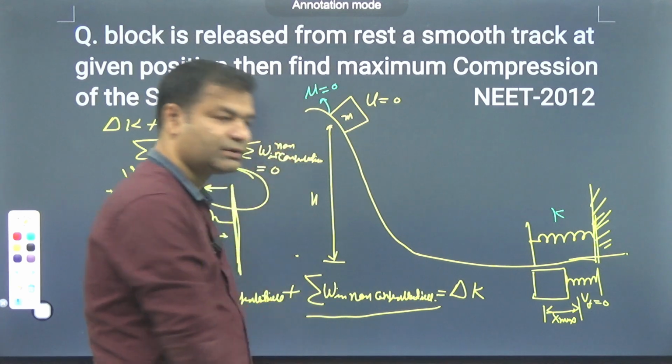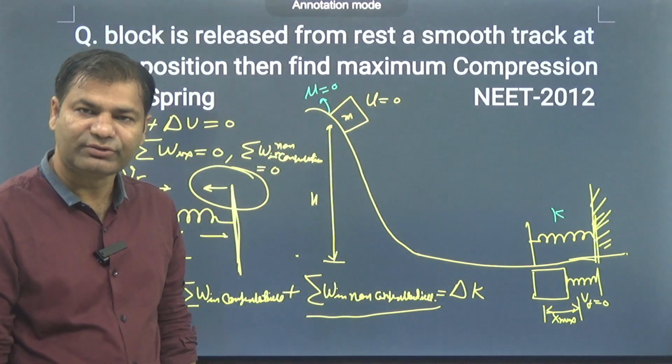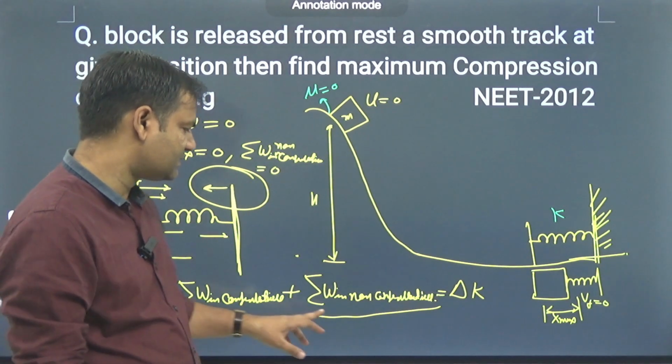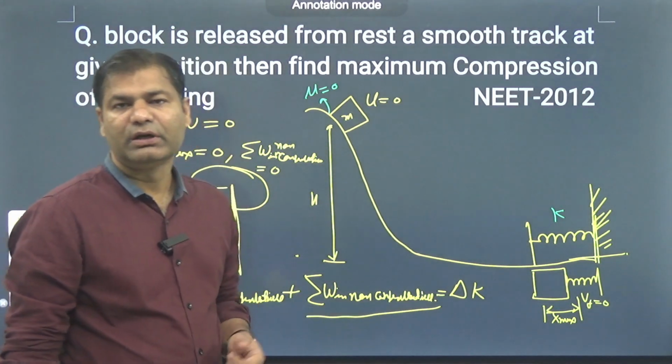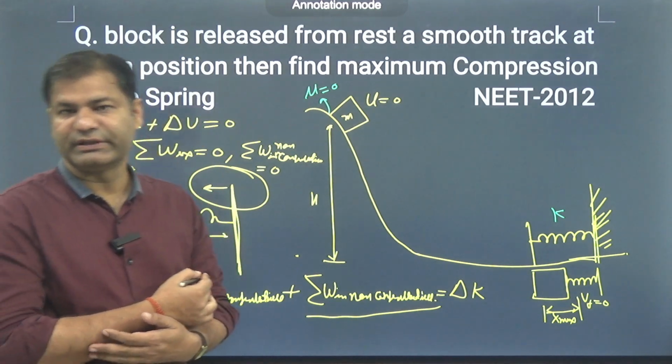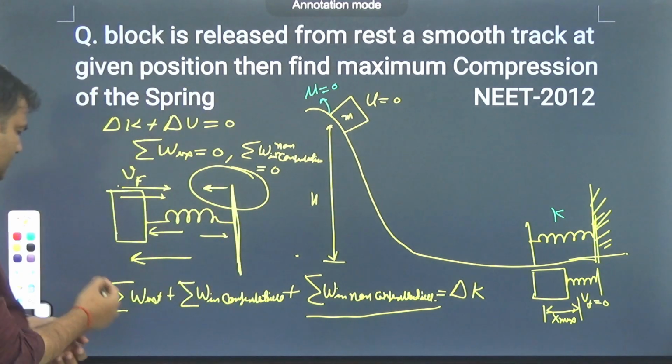Work done due to non-conservative force is 0, because frictional force is not available. Now this is also 0.